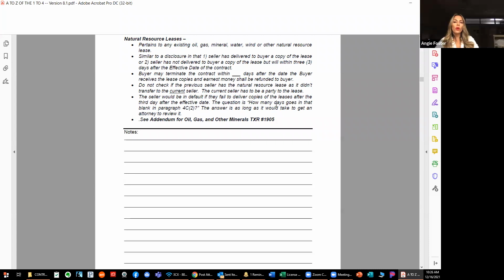The question is, how many days goes in that blank in paragraph 4C2? The answer is as long as it would take to get an attorney to review it. So I would put 10 days. I would give plenty of time to see if they can look at that paperwork to make sure how natural resource leases would apply and how that would be affecting you as a purchaser. Okay. Sure. That question has come up before, so that was a good one.